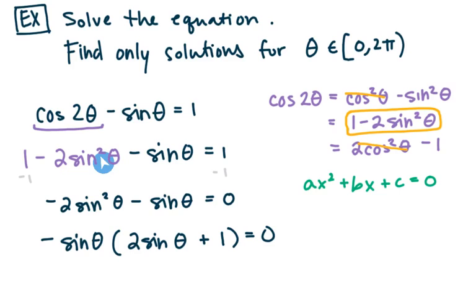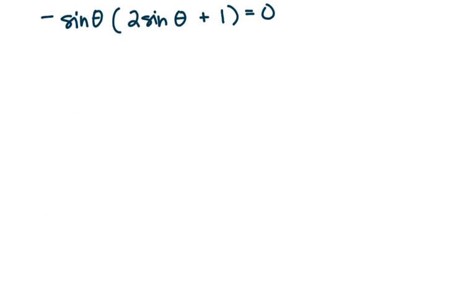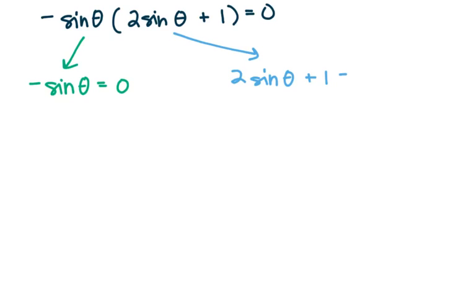I started with a double angle, I turned it into something that was quadratic, and now I have 2 linear factors. So by the 0 product principle, I can take each of these factors, I can say negative sine theta equals 0, as well as 2 sine theta plus 1 equals 0.